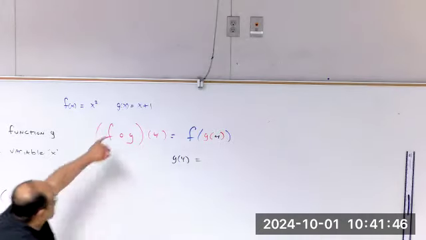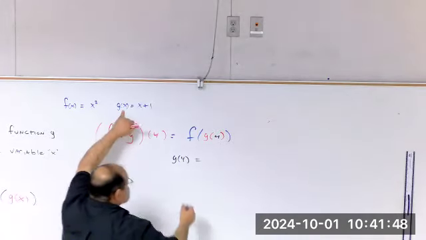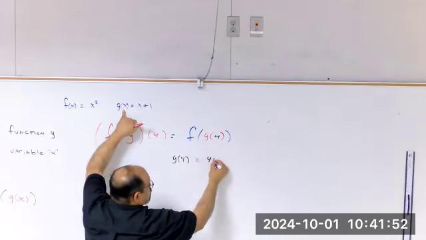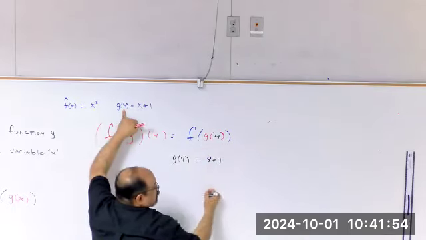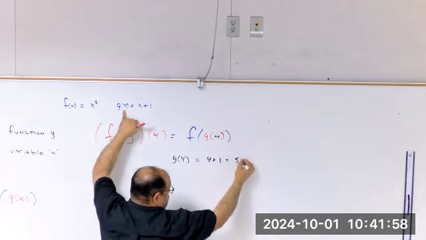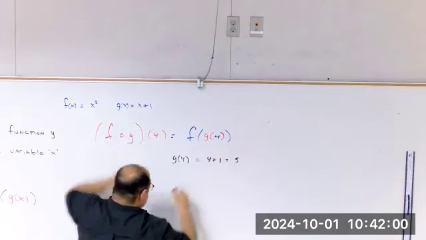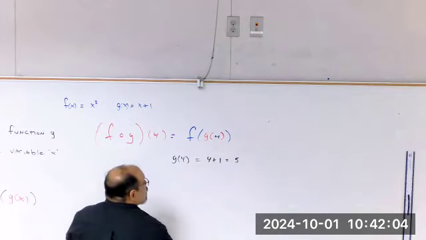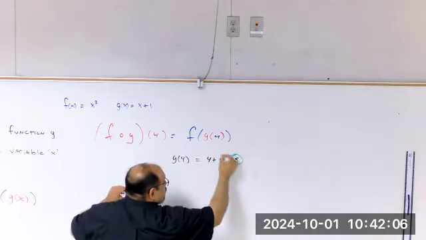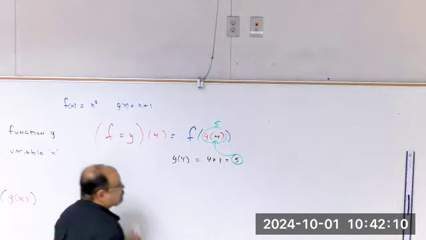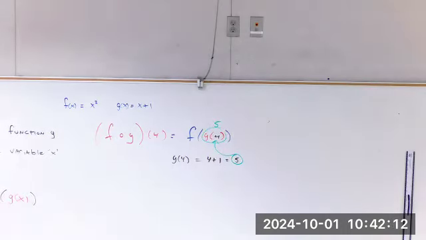g of 4. Plug 4 into the g function, and we get 4 plus 1. What's 4 plus 1? 5. So right inside there, this is 5. So one more time, taking you through it.